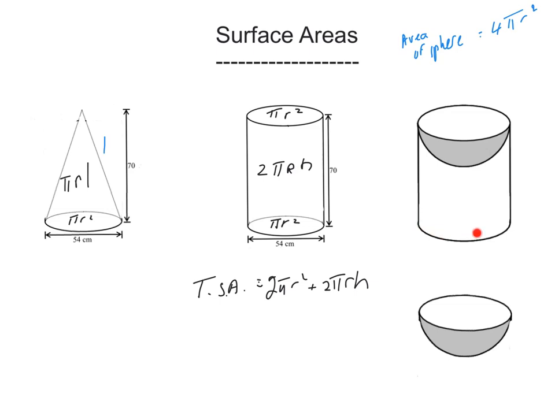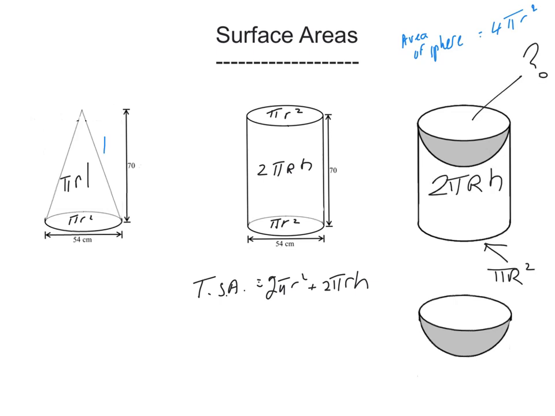Well, that's just the curved surface area of a cylinder, so it'll be 2 pi r h. But if you want to find the total surface area, then you're going to have to add the 2 pi r h to the pi r squared for the base of the cylinder, and then you're going to have to find out what is the surface area of this excavated shape here.